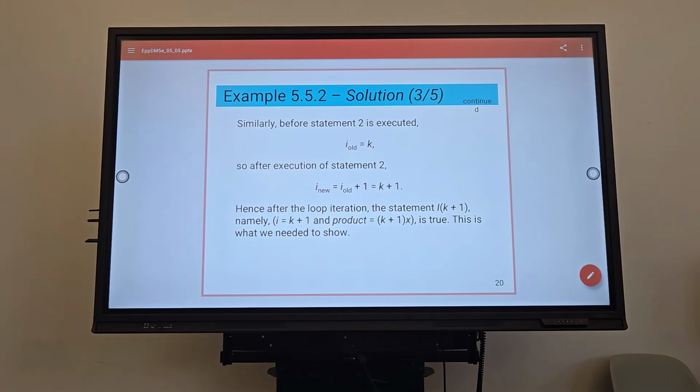So after execution of statement 2, the new I is equal to k plus 1. Hence, after the loop iteration, the statement I of k plus 1, namely I equals k plus 1, and product equals k plus 1 times x, is true, which is what we needed to show.